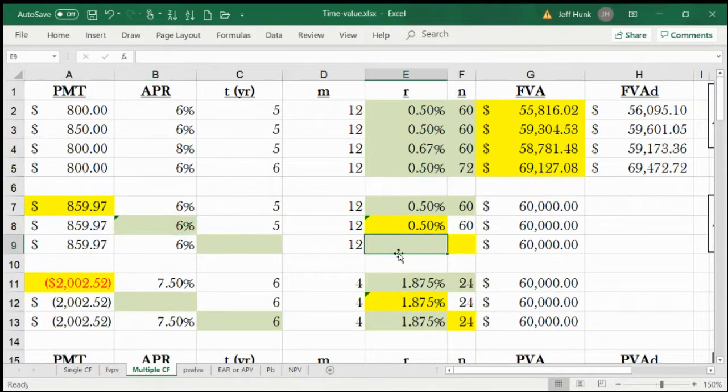Now, next, we need to solve that for n, right? So to solve for n, let me switch back to PowerPoint to show you the formula, right? Okay.